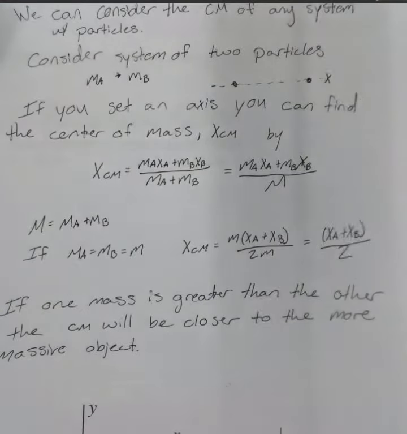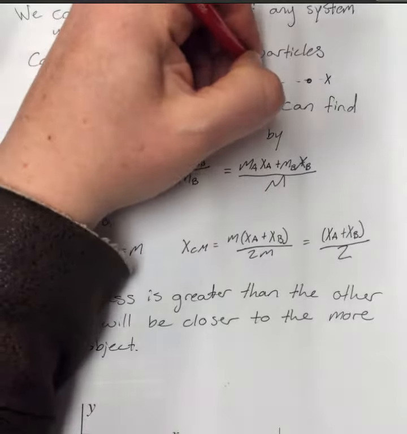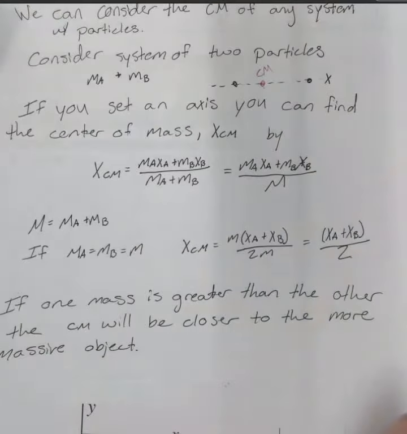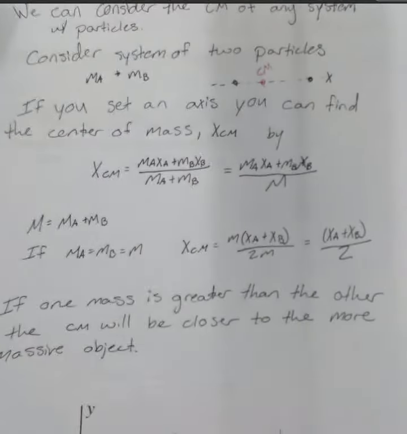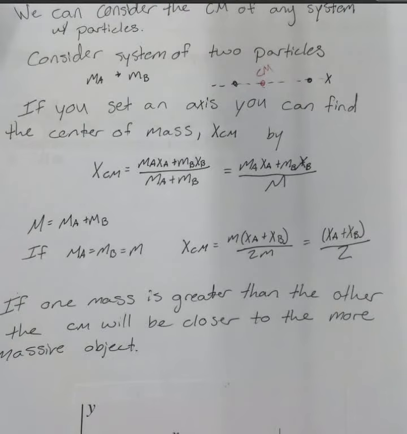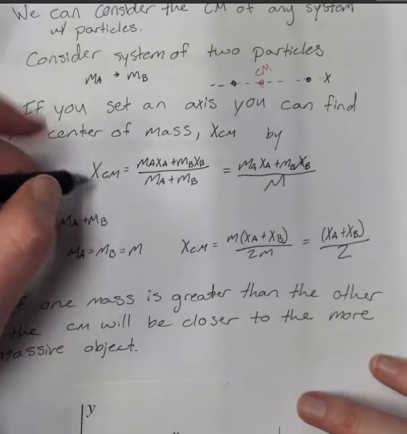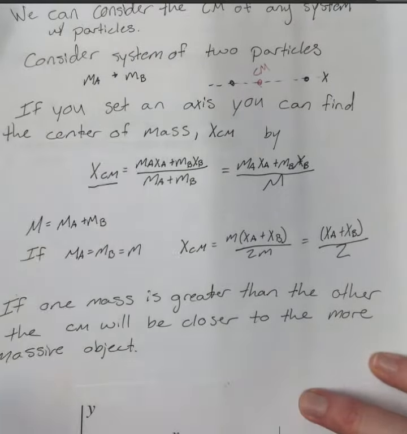We can find the center of mass between those two points by using a simple calculation. So we're going to set the axis between the two points, and we'll use this equation which says that the center of mass lies somewhere along the x-axis, right?